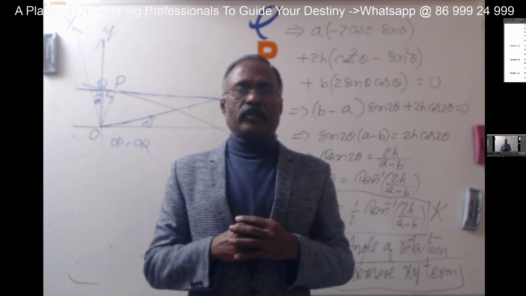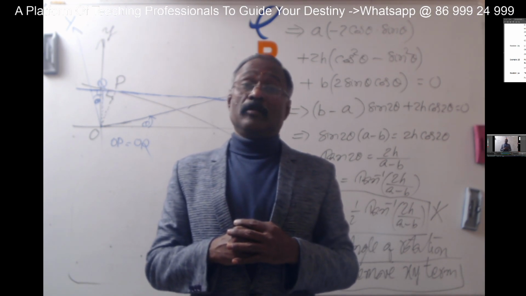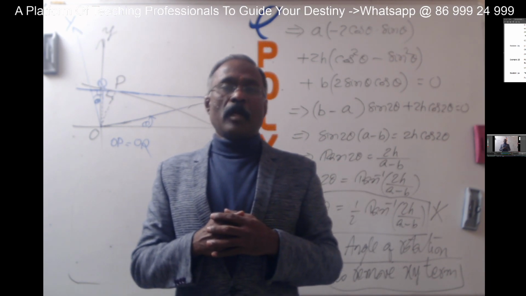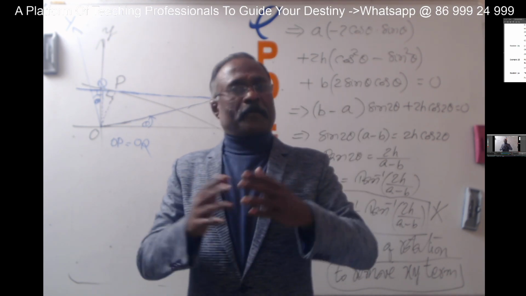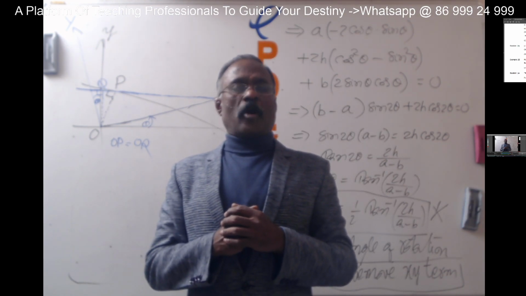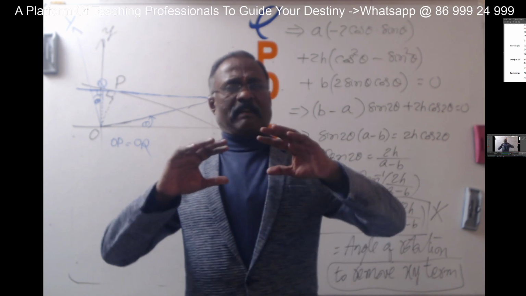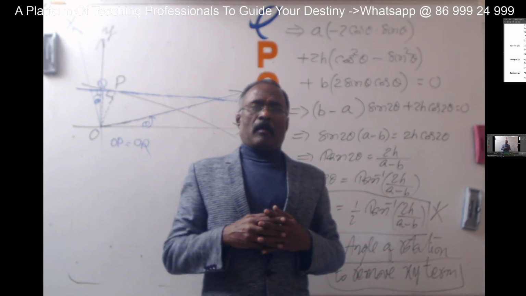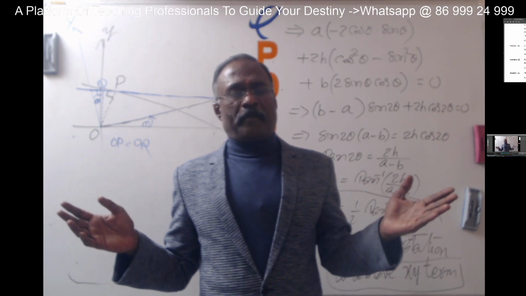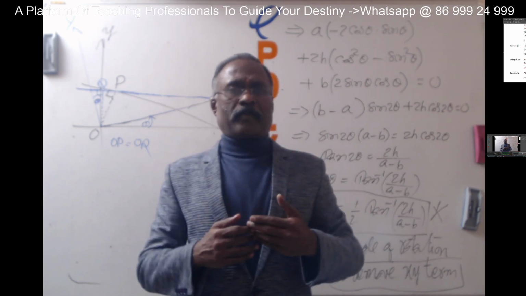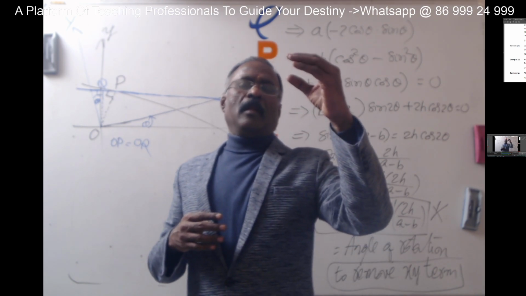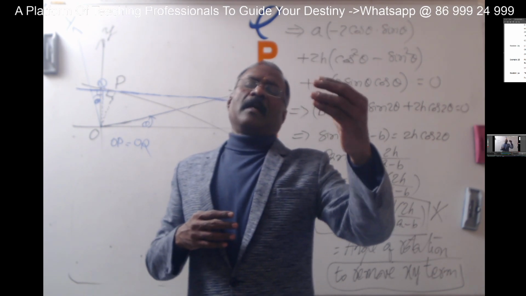Now, in the next session we are going to start straight line, and I have divided straight line into almost 15 to 20 sub-concepts. What I mean to say, I will not be directly introducing the entire theory, and I will not be going directly to the problems. I have divided the entire straight line topic into some 15 to 20 subtopics, and we will learn one subtopic and then related problems.